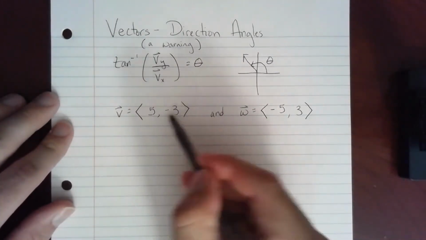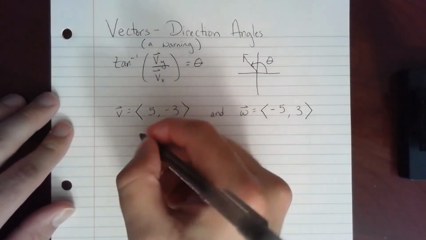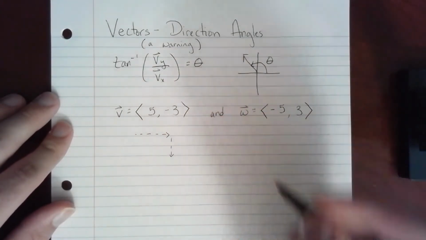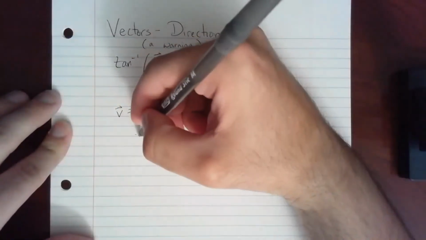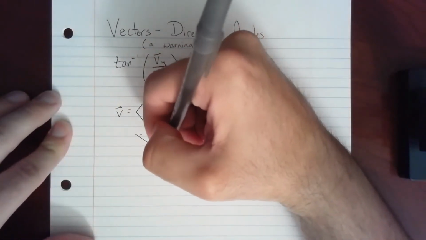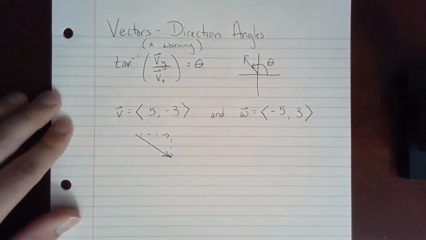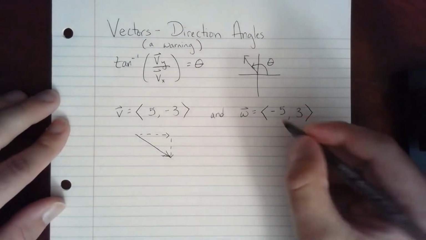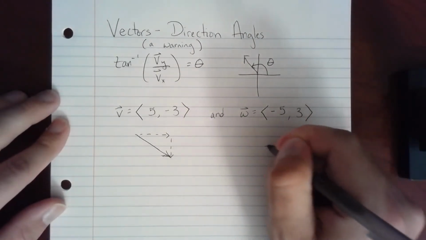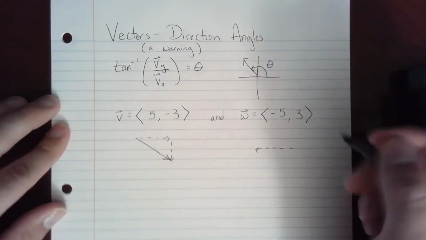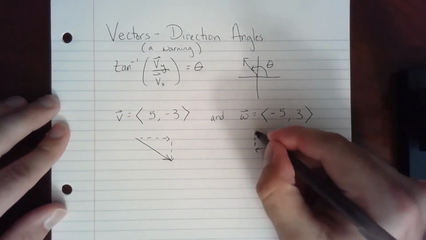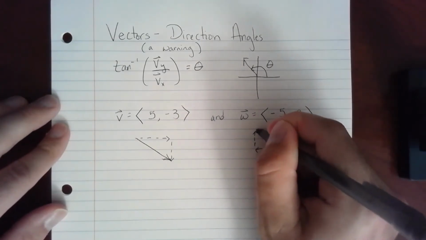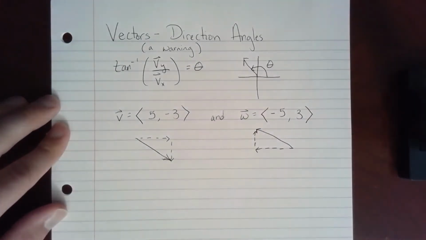So for example here, vector v, we have a positive x, we have a negative y, and so our resultant vector would be something like this. I tend to think about that as sort of a fourth quadrant vector because it's pointing in that direction. But over here, we have 1, 2, 3, 4, 5 in the negative x direction, and we have 3 in the positive y direction. So this is something that would actually end up in our equivalent of the second quadrant.